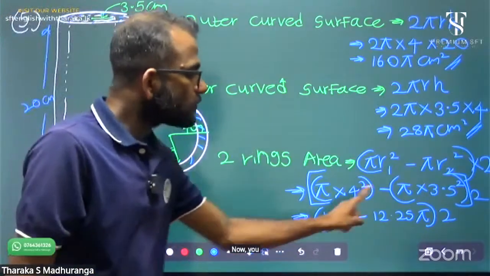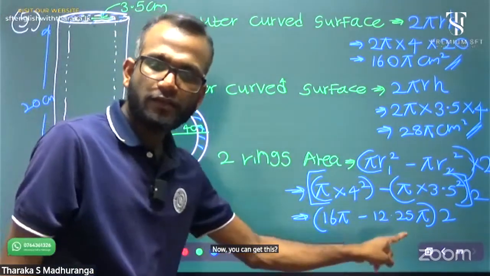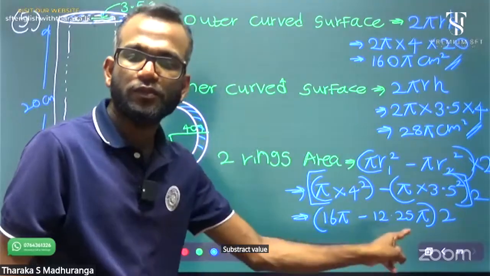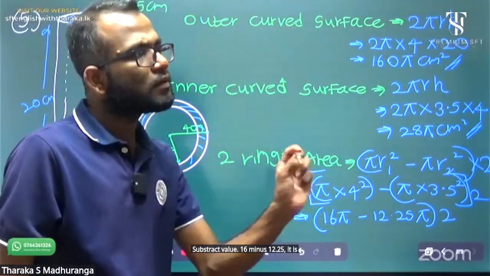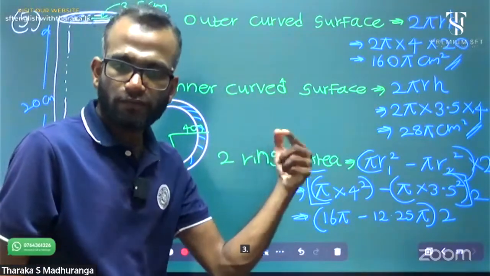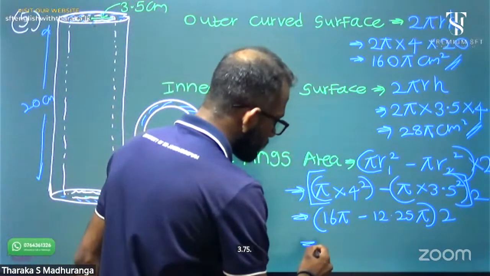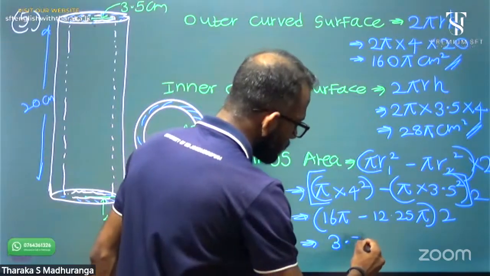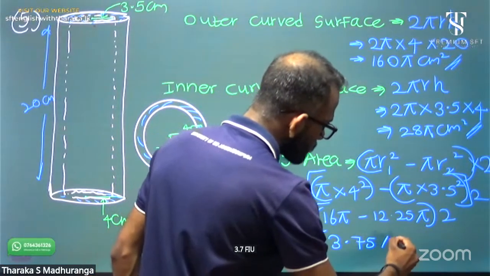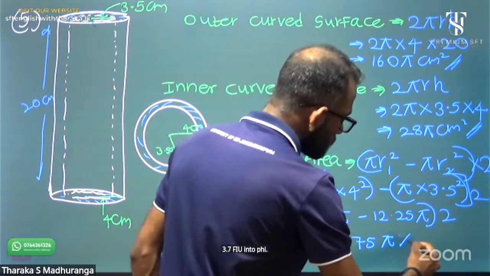Now you can get this subtract value. 16 minus 12.25 is 3.75. 3.75π, but it is multiplied by 2.